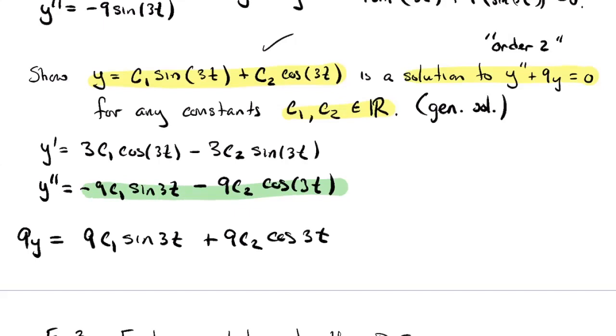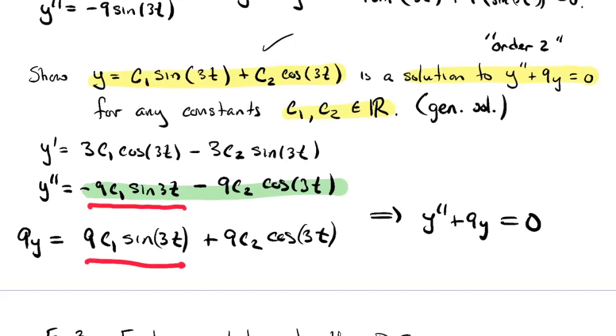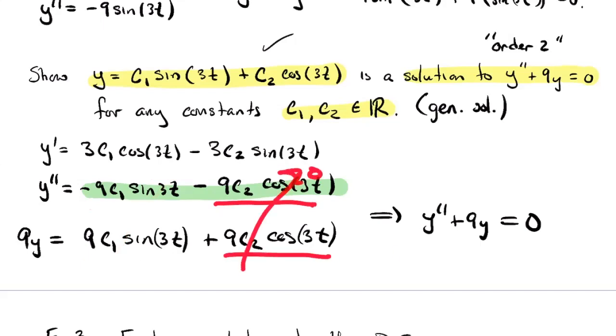And I think with those things stacked on top of each other like that, we can see that if you took that second derivative and you added the 9y below, you're going to get 0. Yeah, because you have minus 9c1 sine 3t and it's plus. So together those give 0. And here you have negative 9c2 cosine and it's plus. So together those give 0.